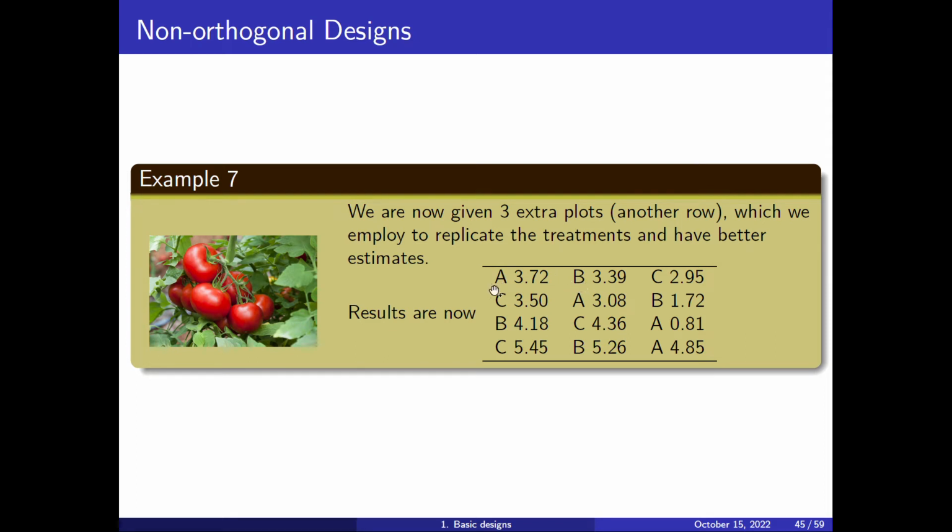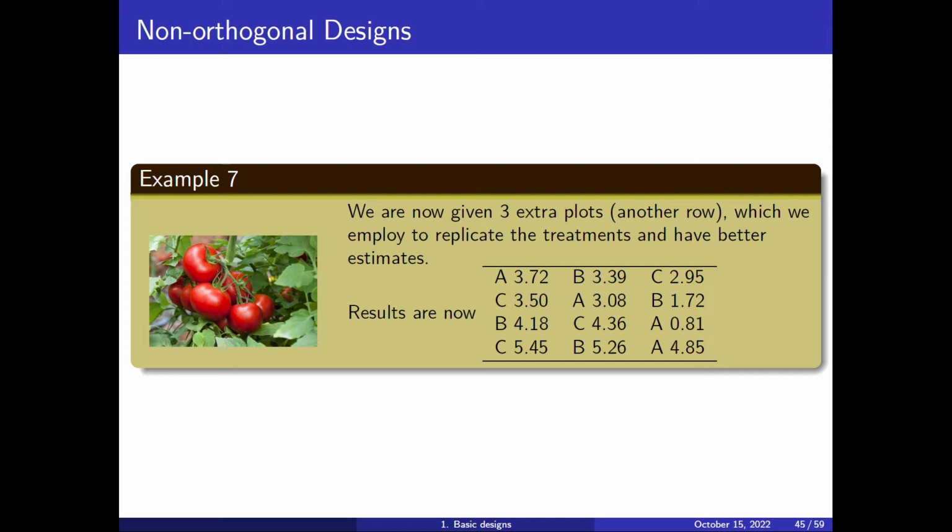So for instance, here you have seen C twice but A and B only once, and here you have seen B twice but A and C only once, and the same here. And here you have seen C twice, but here it is B twice, so they are not orthogonal to each other. So you have not the same number of treatments in all the columns.